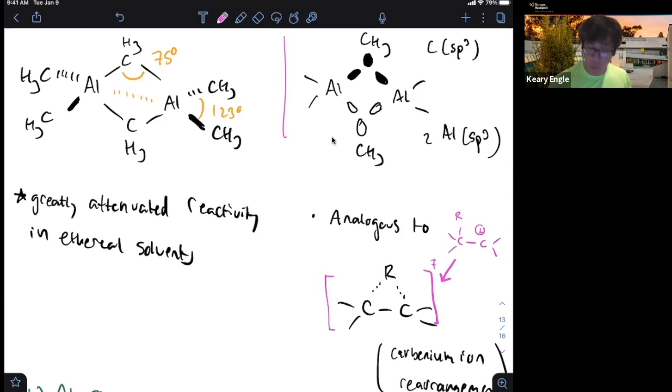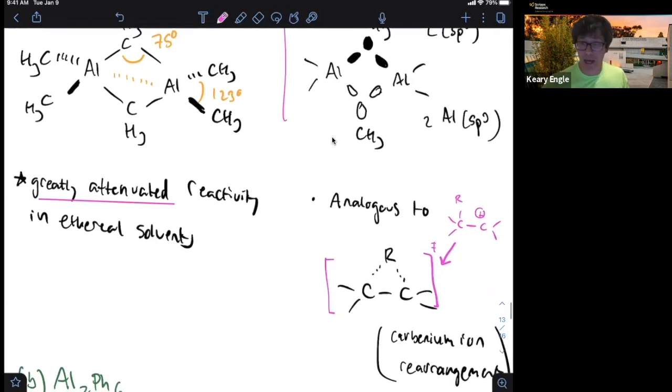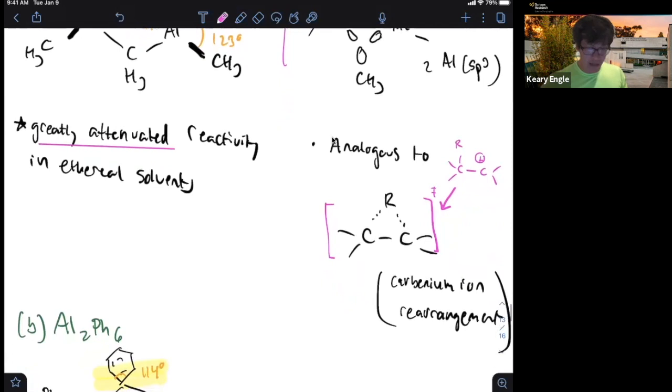One interesting point to note that has historical importance is that organoaluminum reagents have greatly attenuated reactivity in ethereal solvents, and in the early history, this slowed the development of use of organoaluminums in organic synthesis, because the standard solvent that was used for benchmarking reactivity against organomagnesiums and organolithiums were indeed these ethereal solvents like THF and diethyl ether.